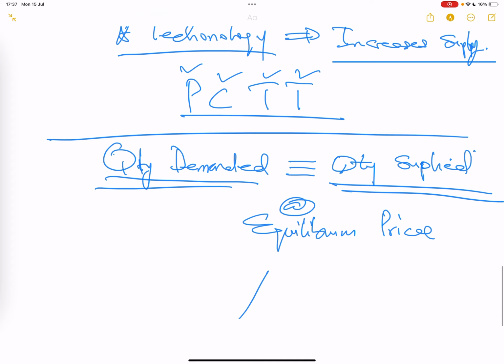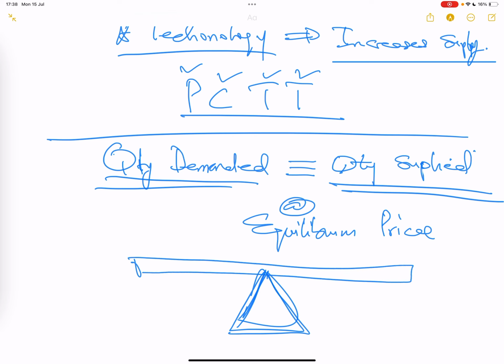So if you have this fulcrum, when we're young, we used to play this. We put a fulcrum, or you can call it a platform, then you put a plank on top of it. A child can sit on this side, and another child can sit on this side. Then it continues to come down and go up depending on who is bigger among these two kids, right?